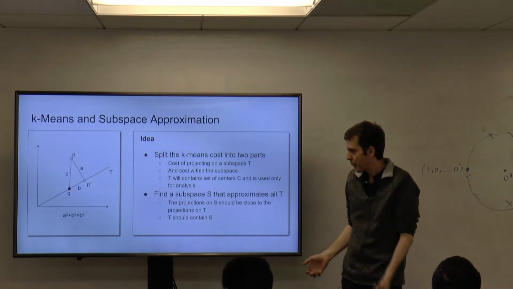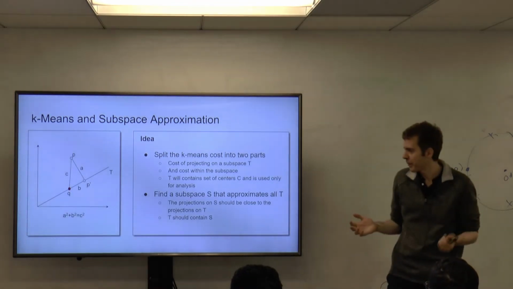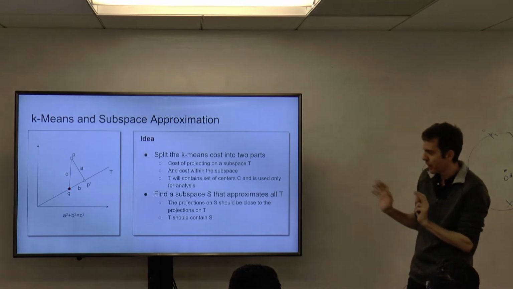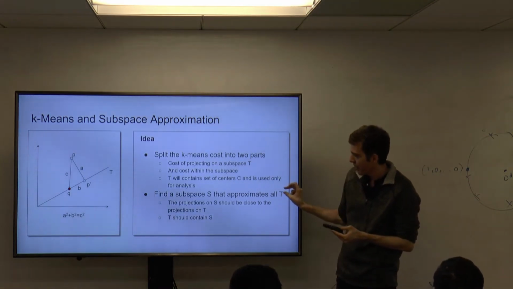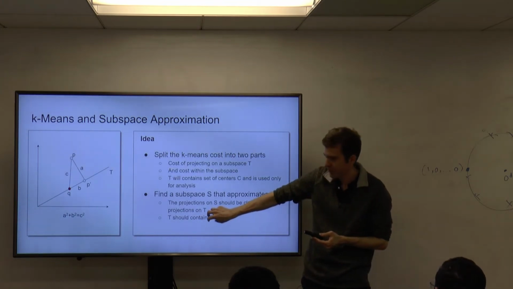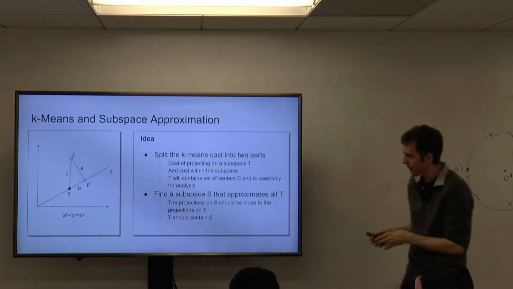The intuition here is we want our subspace S that we output by this dimensionality reduction procedure to be good for all T. I'll describe more what this means on the next slide. But in particular, it's going to be important that this space T contains the space S, which is the output of dimensionality reduction, and also it contains the set of centers.